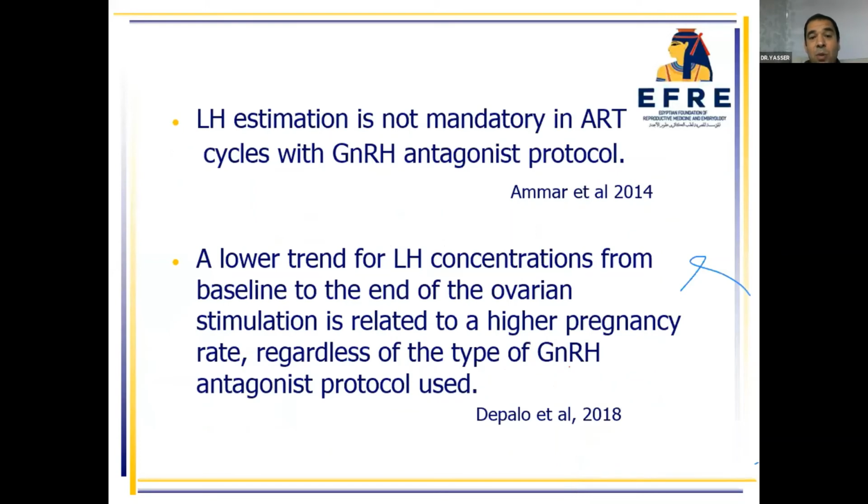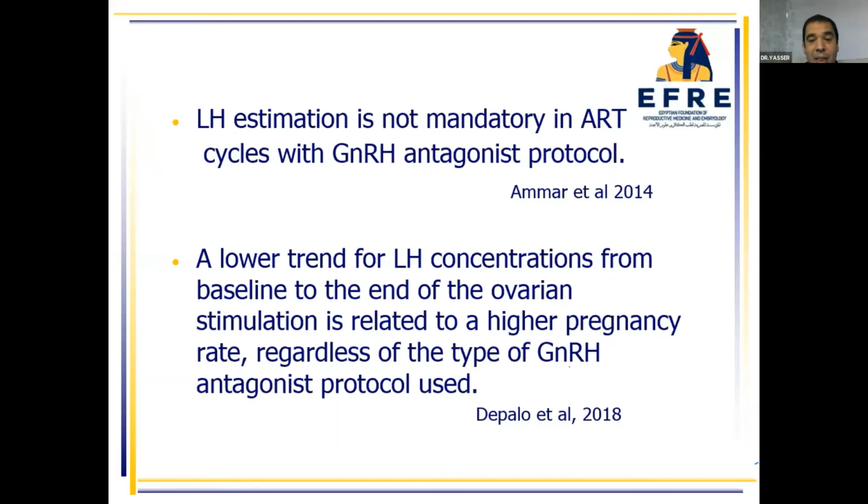Ammar et al. in 2014 said that LH estimation is not mandatory in ART cycles with GnRH antagonist protocol. While in a study by Devroey et al., they said a lower trend for LH concentration from baseline to the end of ovarian stimulation is related to higher pregnancy rate, regardless of the type of GnRH antagonist protocol used.